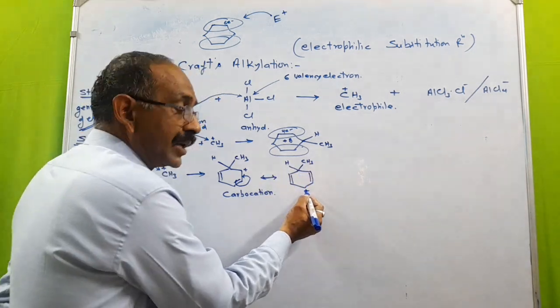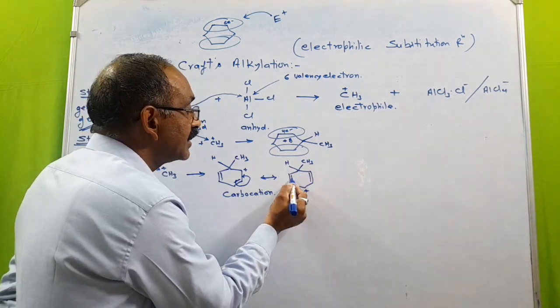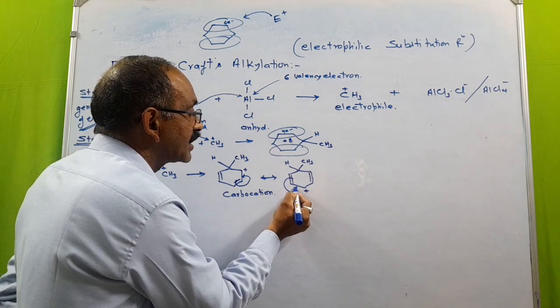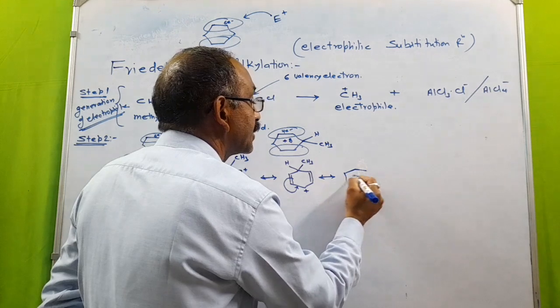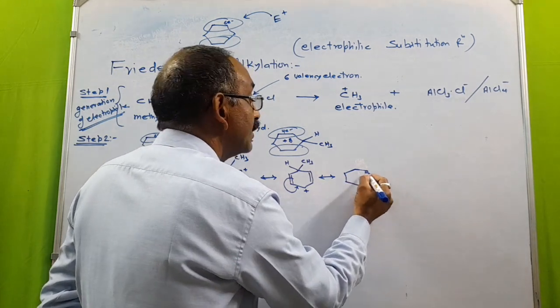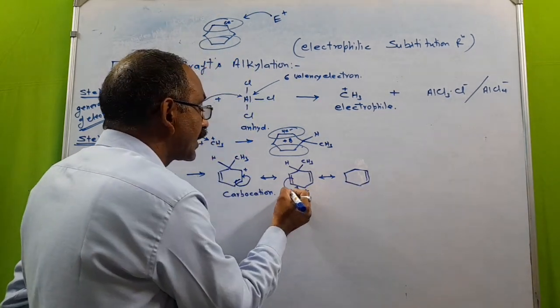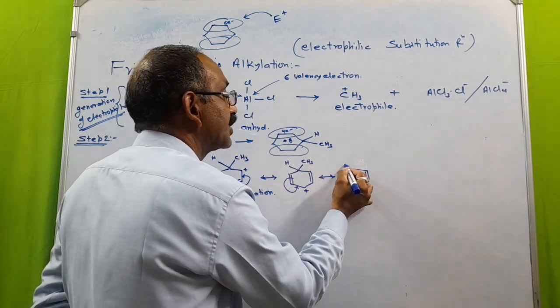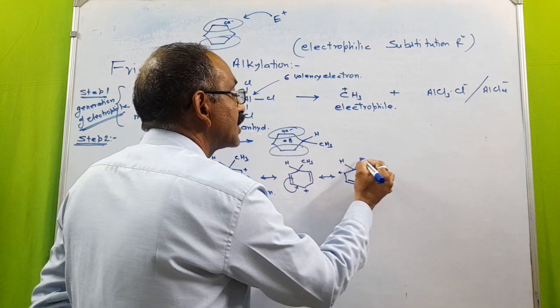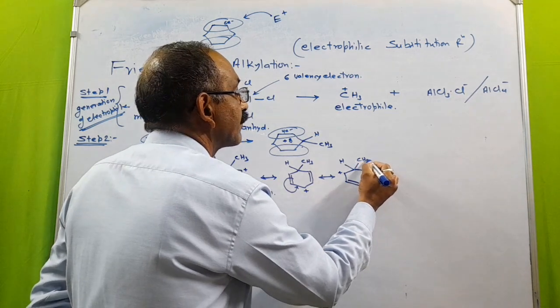Now again, in order to compensate its positive charge, the adjacent pi bond will shift here. One more resonating structure is formed: as these 2 electrons shifted, a double bond will form here. This carbon will become electron deficient. Here there is an H and CH3.